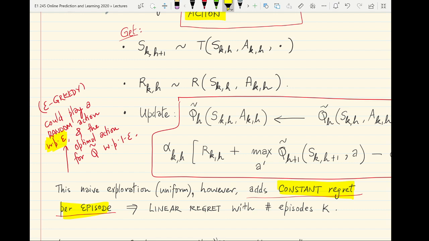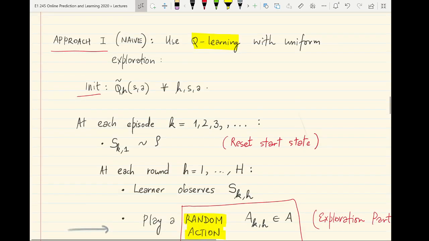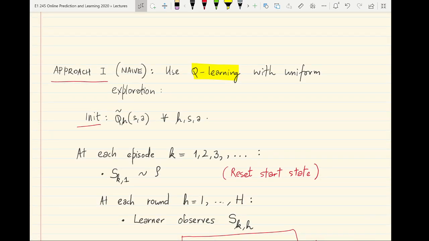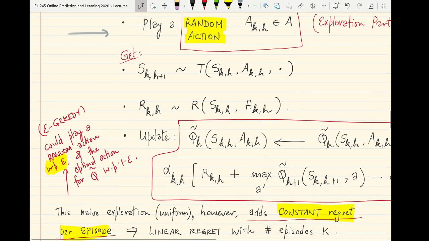Okay, so the main question that presents itself at this point is how can we do better exploration instead of this very naive exploration across actions to try to keep your regret small. So you should explore state action pairs for which you're not very certain much more often, and you should stop exploring a lot if you are confident about the Q value of a certain state action pair.